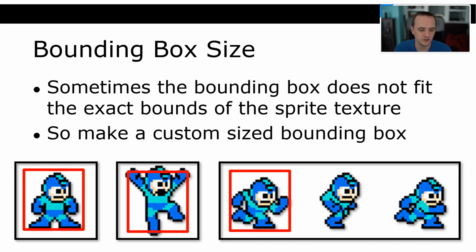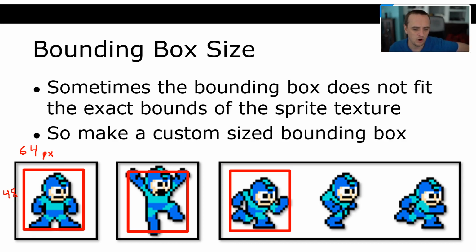And so, for example, when Mega Man is standing, now it just so happens that if the textures are 64 pixels by 64 pixels, then this bounding box works out to be about 48 pixels. All right? So about like 80% the size or something like that.